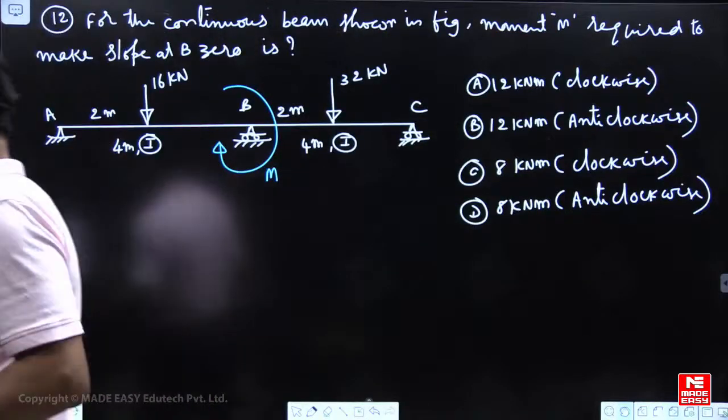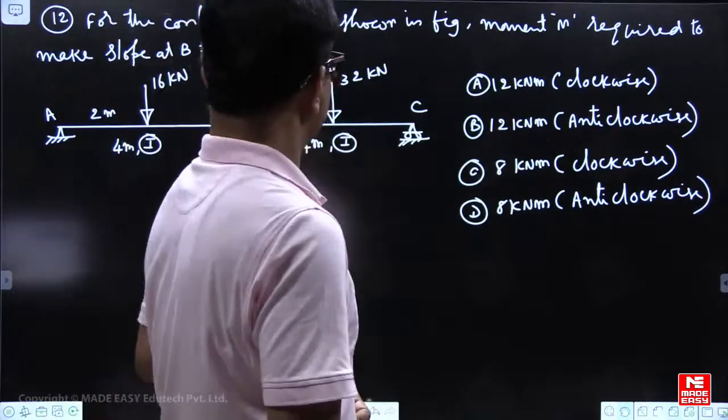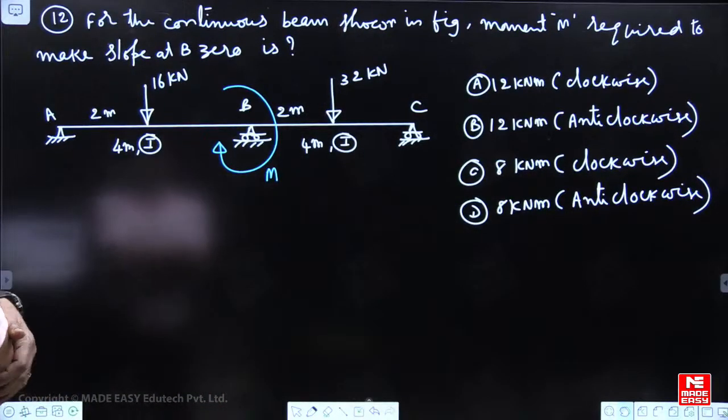How much moment M you have to apply so that slope becomes 0?